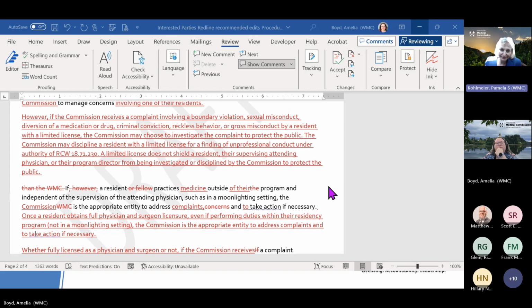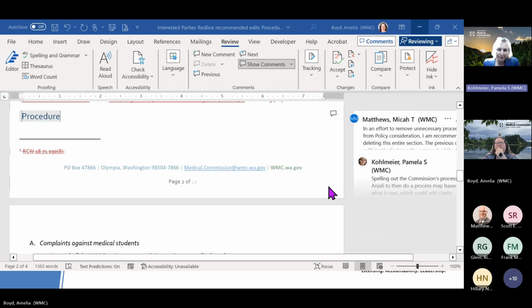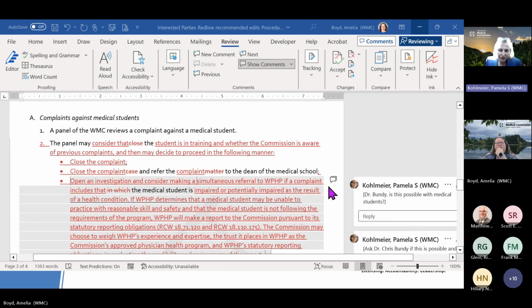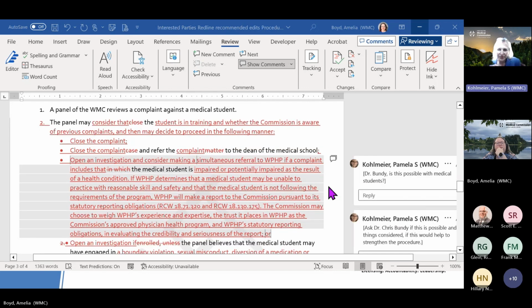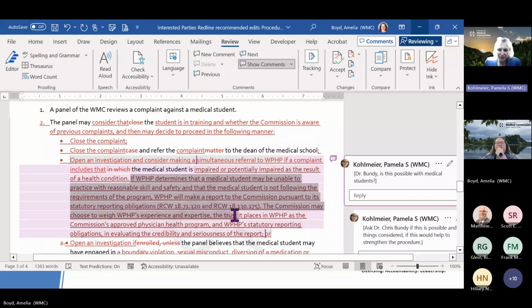Anyway, keep going. Yeah, in the procedure, here we go, keep going. So it's this bullet point that has all the highlights, the third one. So basically, if we remove after the first sentence where it says, if WPHP determines blah, blah, blah, all of that can go away from that point to the end, except the or, leave the or at the very end.